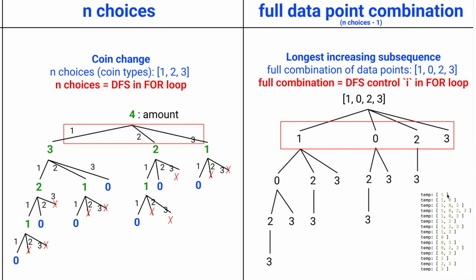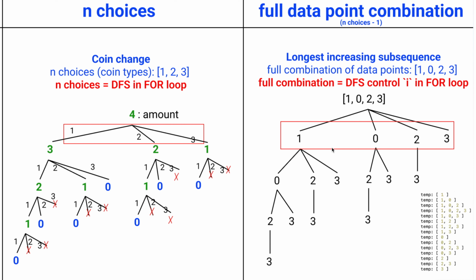It's from this line to this line, all possible combinations of 1. The next one is 0. We're going to have all possible combinations of 0 with 2 and 3, which is what we have from this line to this line. And the next one is 2. We have all possible combinations of 2 with 3, which is 2 or 2 and 3. And the rest is 3, which is what we have here.